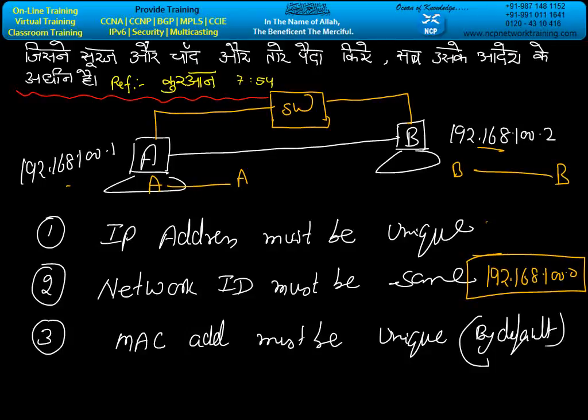If we keep the same IP address, we get the message IP address conflict. If we keep the IP address unique but like this one, 2.2.2.2, one machine IP is 192.168.100.1 and another machine IP is 2.2.2.2. First point is 100% okay, verifying point number 1.